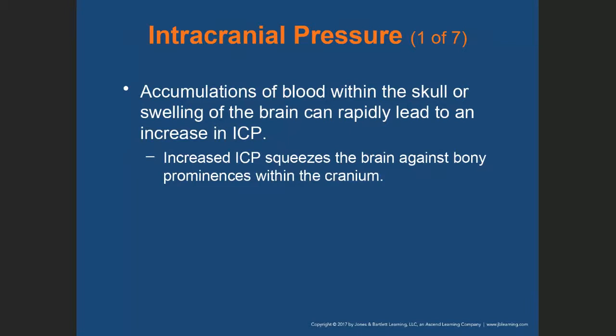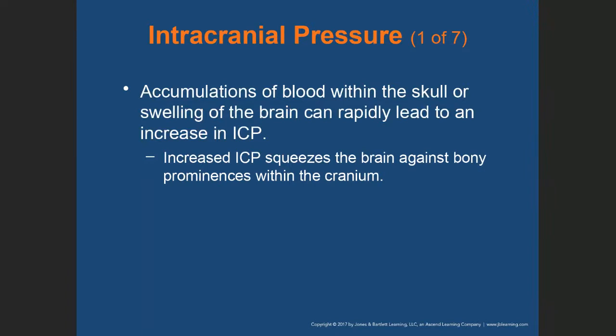All right, intracranial pressure. This is accumulation of blood within the skull or swelling of the brain. Accumulation of blood within the skull or swelling of the brain can rapidly lead to an increase in ICP. And as I said previously, this is very bad for your patient, because how the body compensates for raised intracranial pressure actually makes the situation worse.